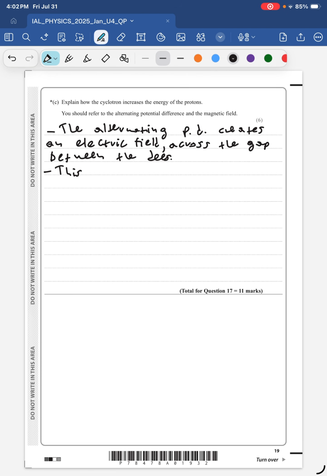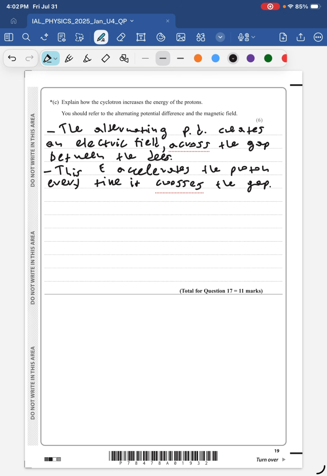This electric field, this E, accelerates the proton every time it crosses the gap. Inside each D, there is no electric field.